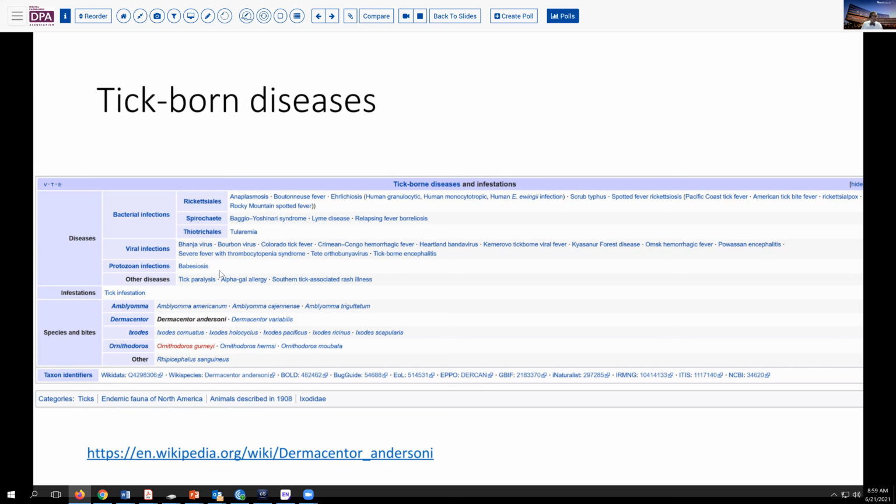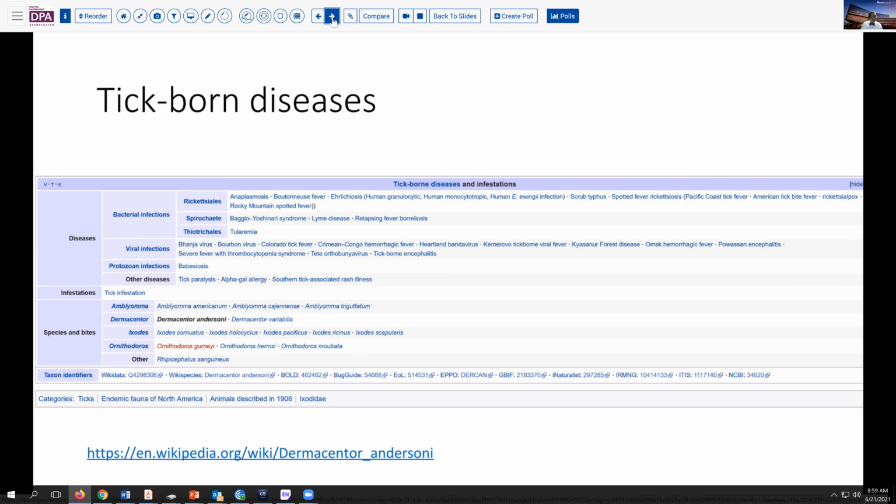Not all of them carry all of these diseases, but being aware of what is possible in your particular associated geography is highly pertinent. This is a very useful interactive table because it will link you to each of the various disorders relative to the different genera of ticks that can be involved with these disorders. So thank you to Wikipedia.